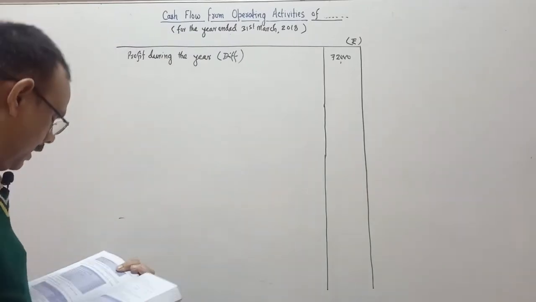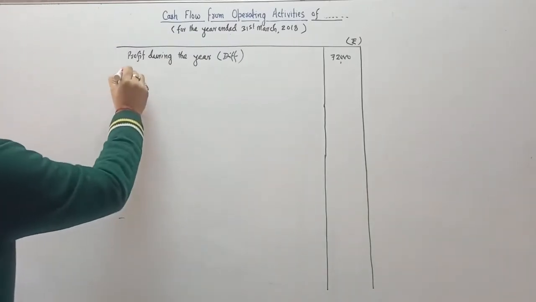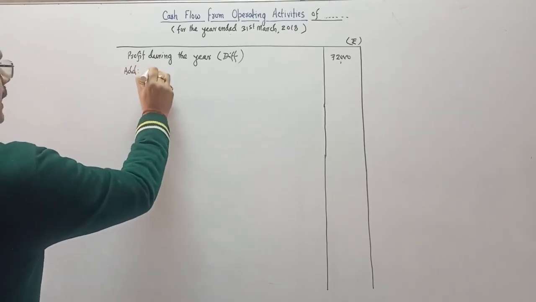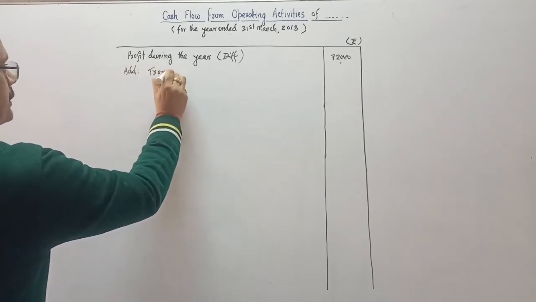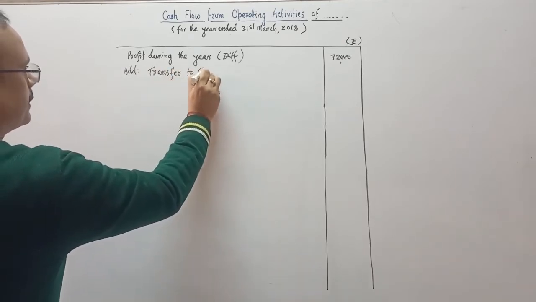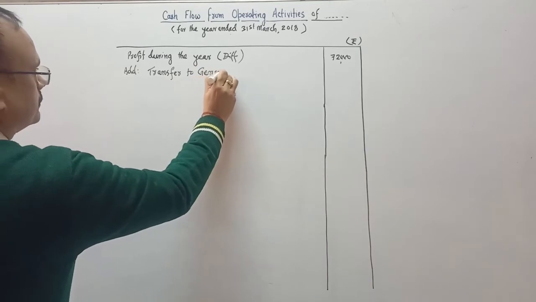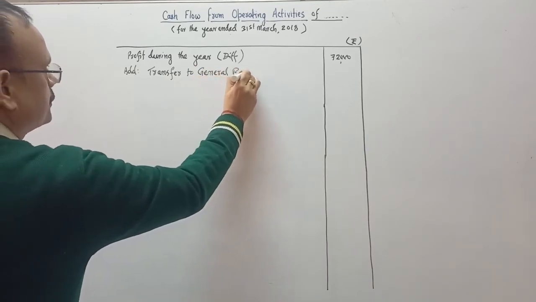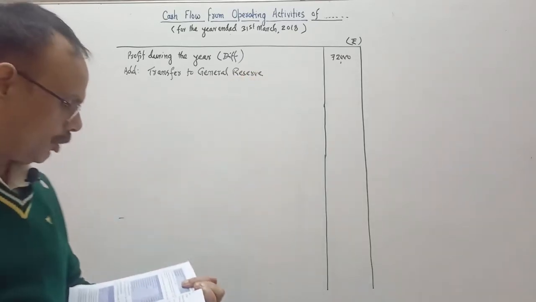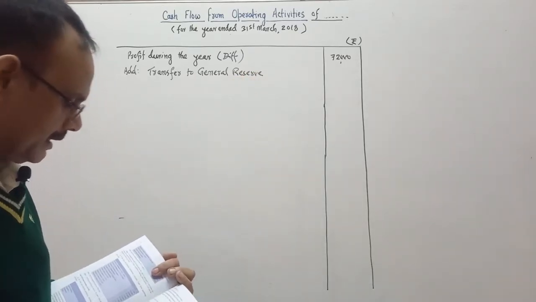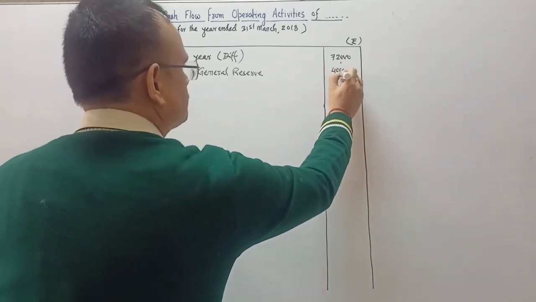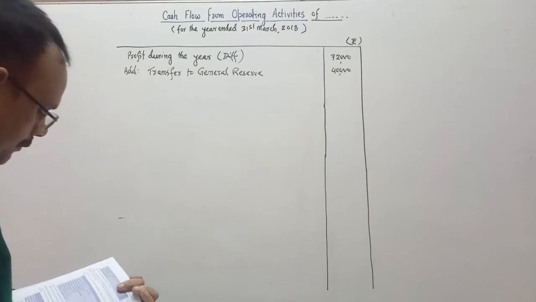So for profit during the year we will take 72,000. Now you add the appropriation of profit. In appropriation of profit, transfer to general reserve is given in the question as 40,000.